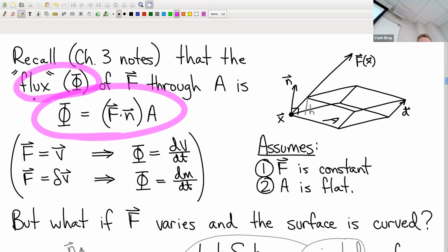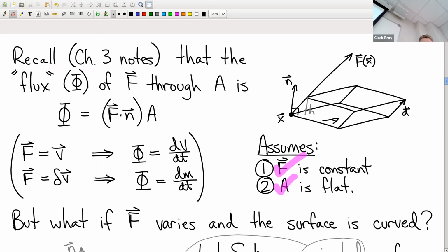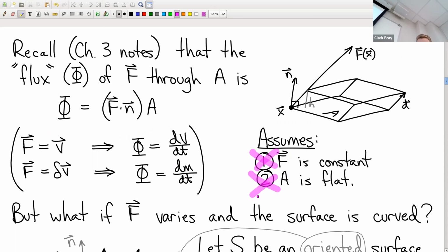called flux. So here's the problem with what we've done previously on this. This does assume that your vector field is constant, and this also assumes that your area is actually flat. So what we're going to do now is consider what happens when one or possibly both of these fails, right?